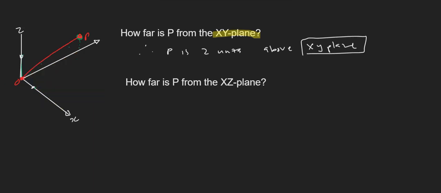Now the question they're throwing at us again is how far is P from the xz plane. What is an xz plane? It is this wall. First, planes, you have to see them as walls and floors and ceilings. That's how they are exactly. So this is the wall they're referring to. If they say how far is it away from this wall, what is this plane that points outward?